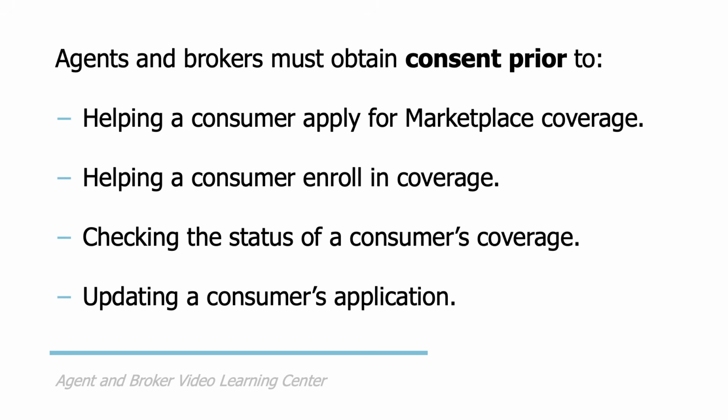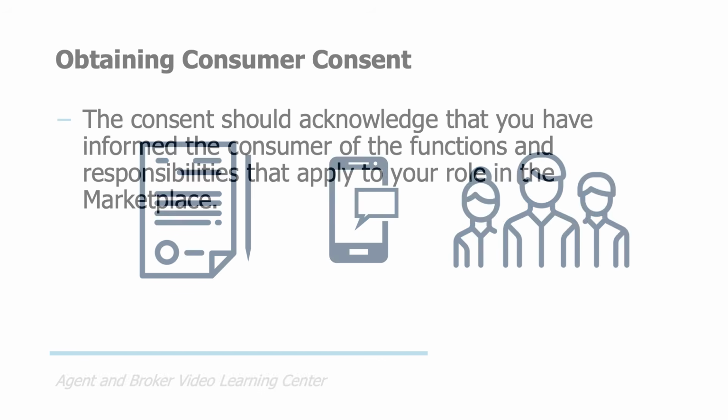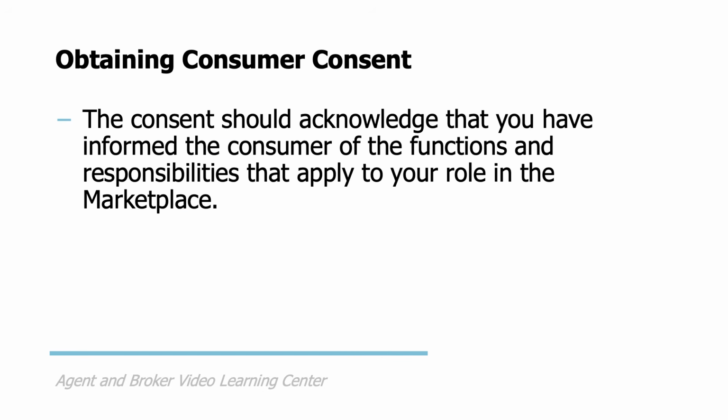You may only access consumer information and make updates to consumer accounts with the explicit consent and direction of the consumer you are assisting. You may obtain consent in writing, verbally, in person or over the phone, or electronically. The consent should acknowledge that you have informed the consumer of the functions and responsibilities that apply to your role in the marketplace.